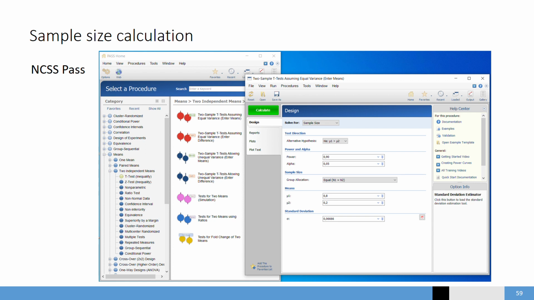So depending on whether you have the same variance or a different variance, the option in the program is different. And the reason is that the calculations are different.